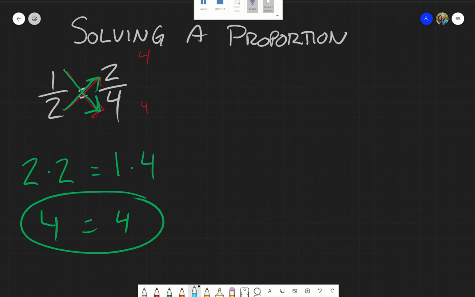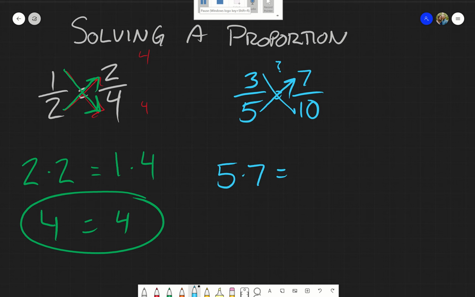Now, let's say I do 3 fifths and 7 tenths. Is this a proportion? Let's check. 5 times 7 equals 3 times 10. Let's check our math. 35 equals 30.